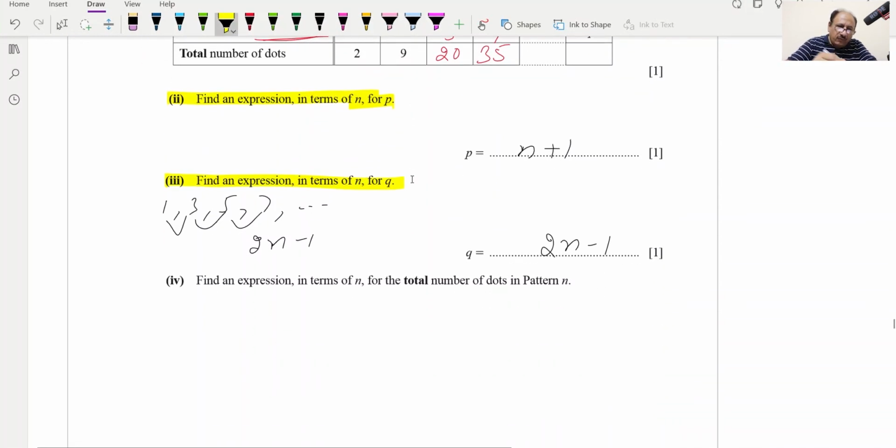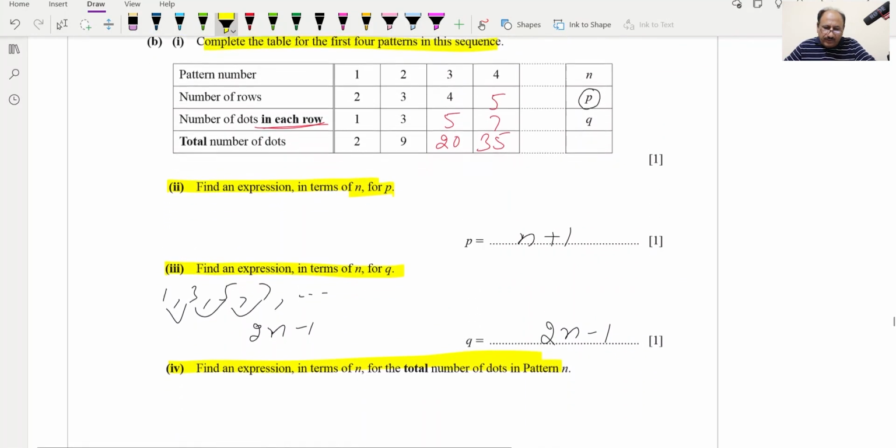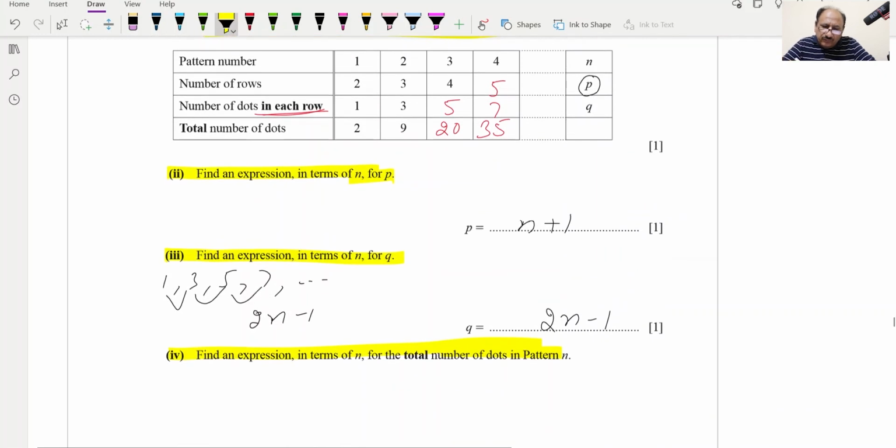And then the fourth part, they are saying find an expression in terms of n for the total number of dots in pattern n. So for pattern n, if you see, we are multiplying this with this and we are getting 2, then 3 with 3 we are getting 9.